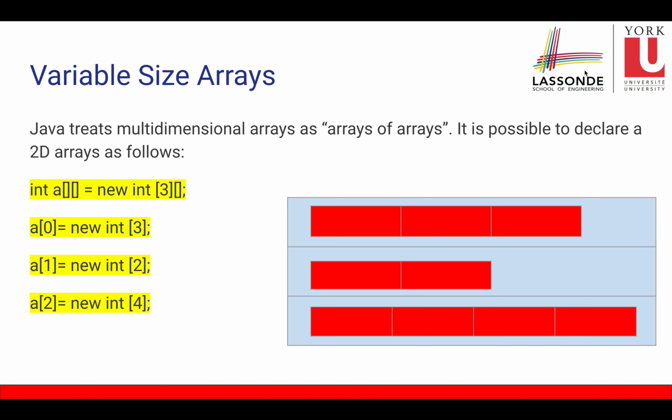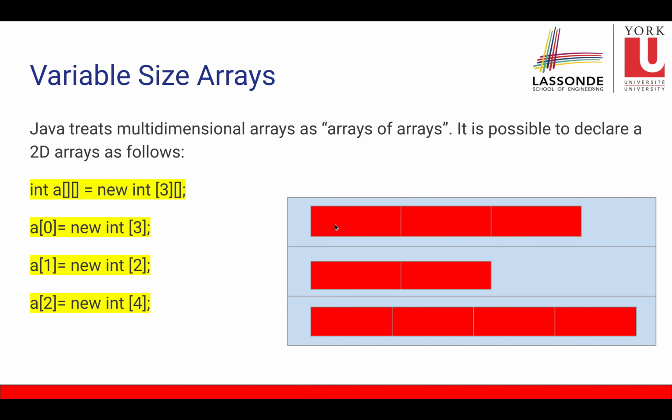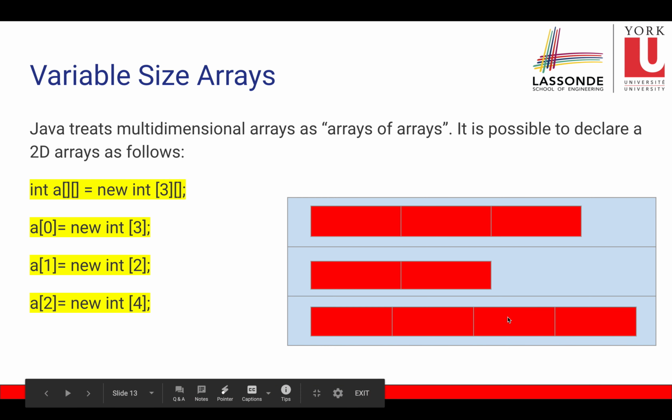So the first size is 3, the second is 2, the third is 4 elements. Like the picture on the right side, the first dimension includes 3 lines. The second dimension for the first element of the first dimension includes 3 elements. The second row includes 2 elements. The third row includes 5 elements.